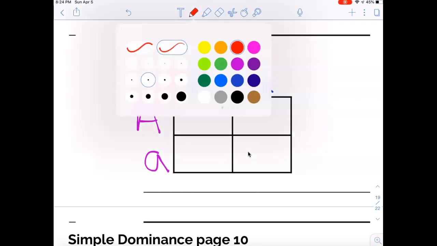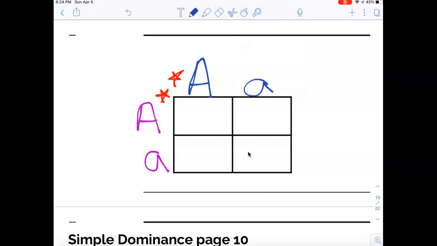Now, what we're doing is showing every possible combination that each allele, or gamete rather, could have with the other parent. So what I'm going to do is fill in down with parent 1, big A, little a, big A, little a. I'm going to do the same thing with parent 2, except I'm going to go across.